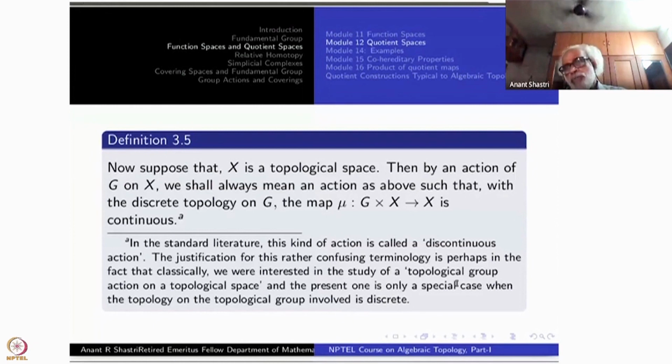Now that is all about general group action on a set. In group theory, you study this very deeply, going up to all Sylow's theorems and so on. So many interesting results can be obtained by just studying this. But now we want to go to topology. Suppose now X is a topological space.